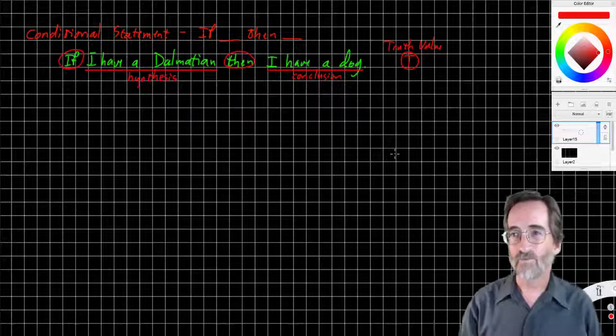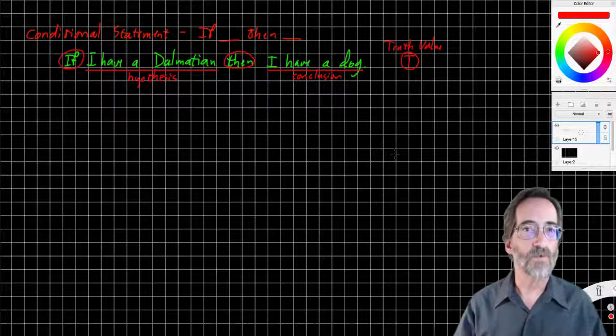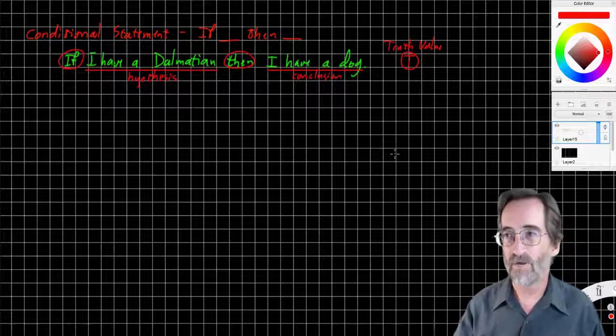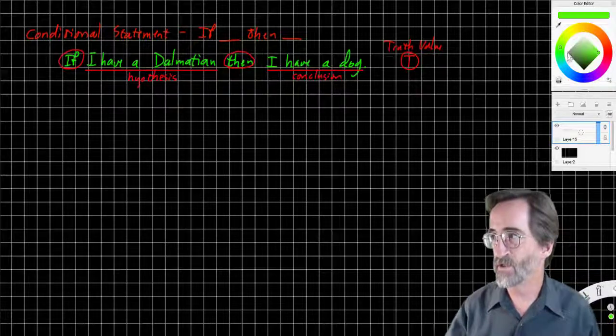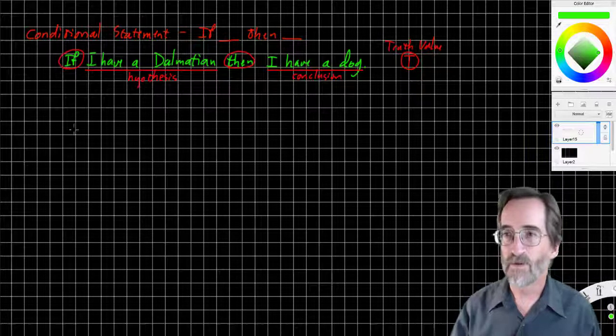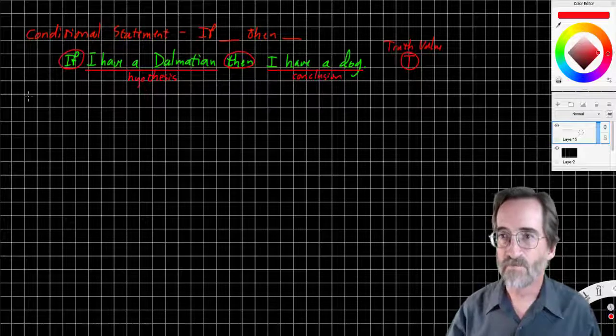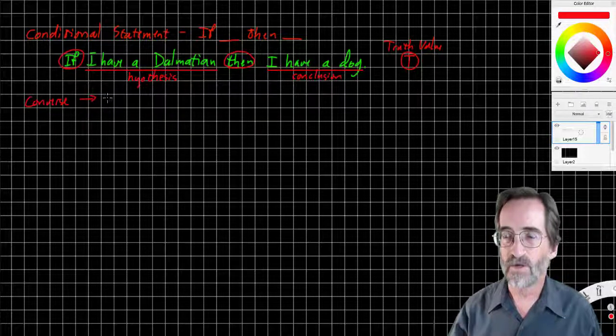All right, so now there are things we can do with these statements, and these are things that people often do. One of the most common misconceptions in logic comes from something known as the converse. The converse. Okay? And the converse of a statement switches the hypothesis and conclusion. Okay?